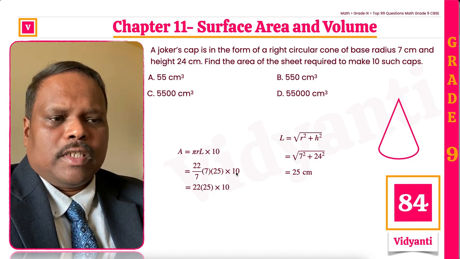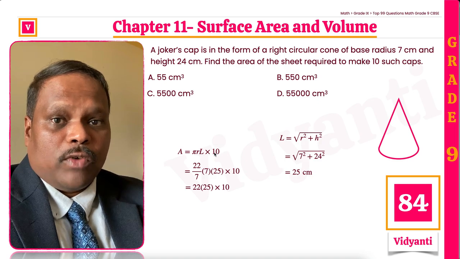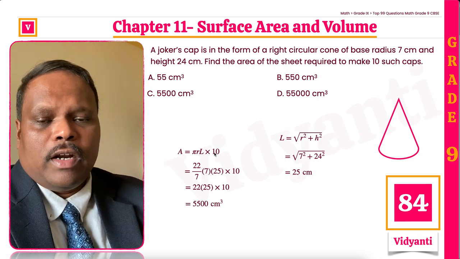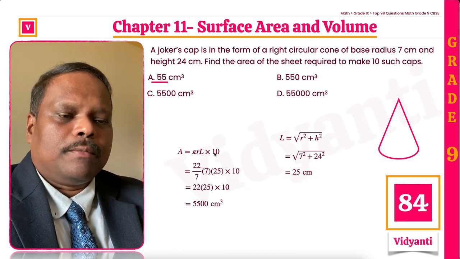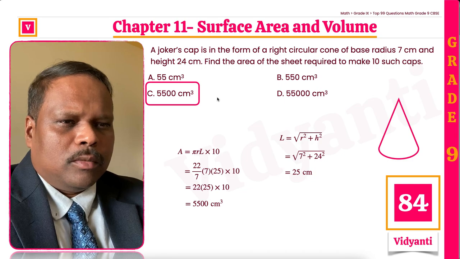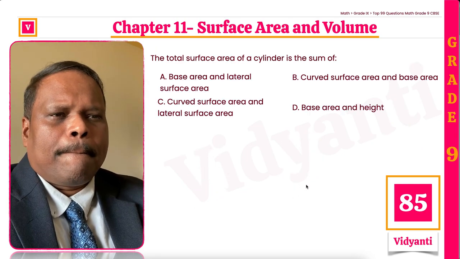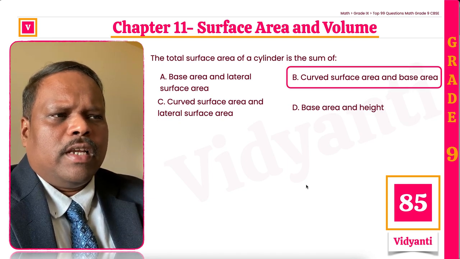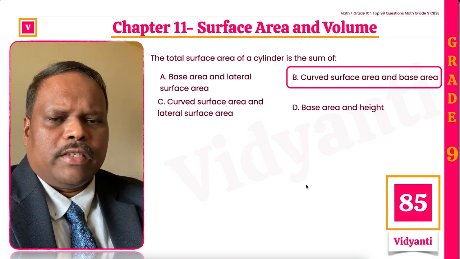The curved surface area multiplied by 10 is important because we have to make 10 such caps, and the answer will come out to be 5500 centimeter square. Actually it should be area, so it should be centimeter square. The total surface area is the sum of the curved surface area and the base area.